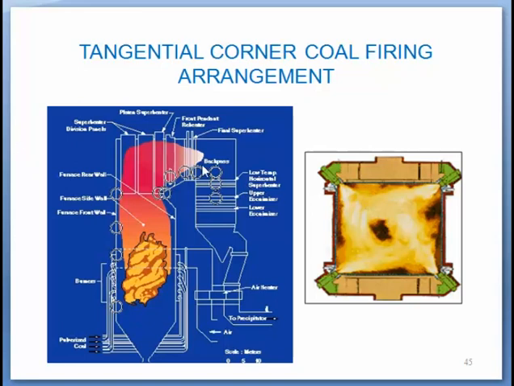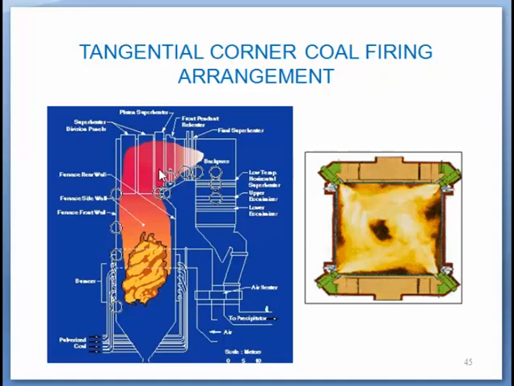The dry saturated steam which is being separated in the boiler drum is further sent through the different superheaters, and finally we are getting main steam as we discussed earlier at 540 degrees centigrade and 150 kg per centimeter square.